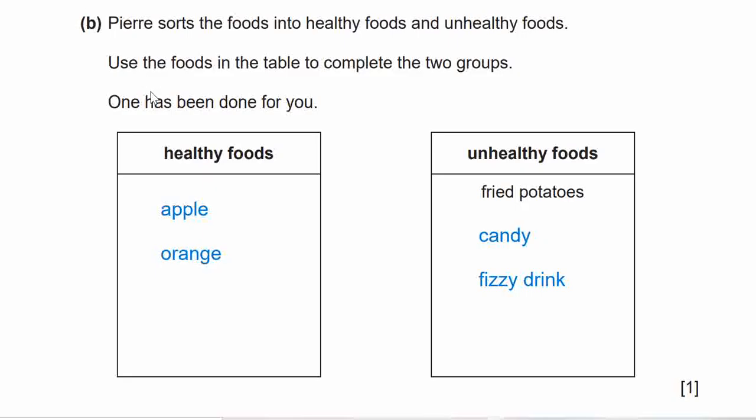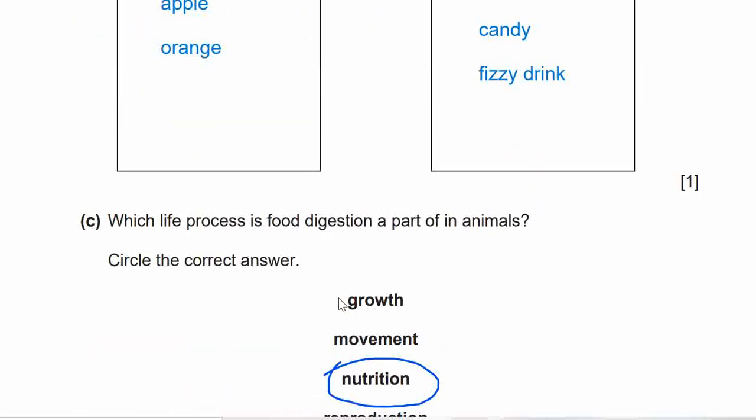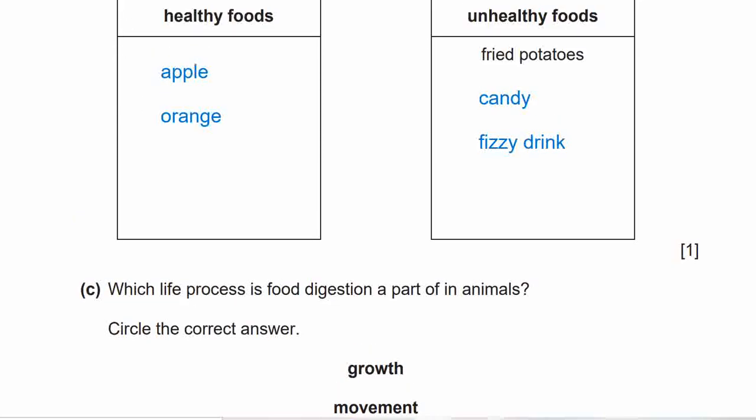So we put apple and orange as healthy food, and then fried potato, candy, and fizzy drink as unhealthy food. Now let's move to the next question.